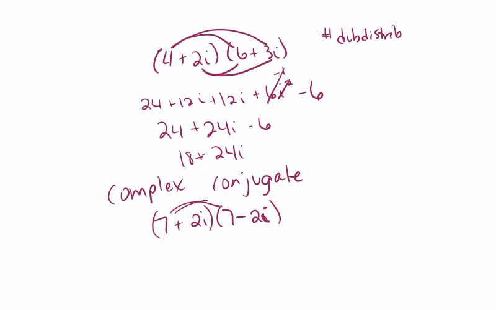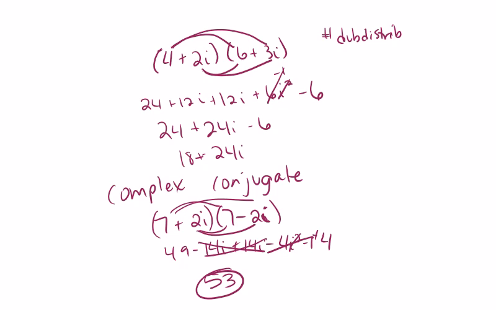I'm going to dub distrib. 49 plus 14i minus 14i minus 4i squared. Okay, remember, what is i squared? Negative 1. What is negative 4 times negative 1? Plus 4. Okay, these cancel. So then I have 49 plus 4 is 53. Okay, I love how you can have a complex number and if it's a complex conjugate and you multiply it together, you get just the real part, 53.